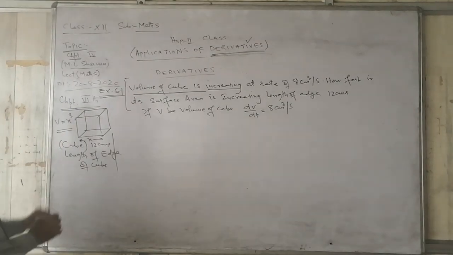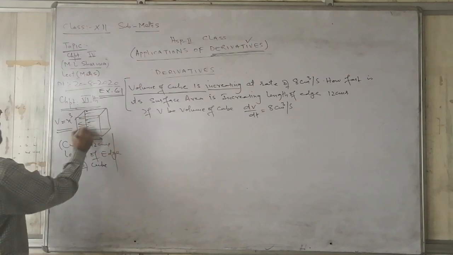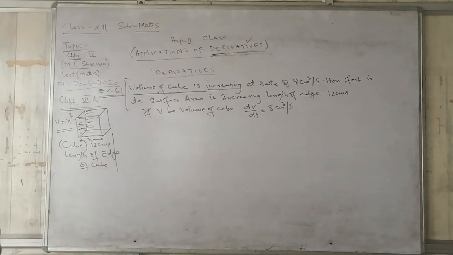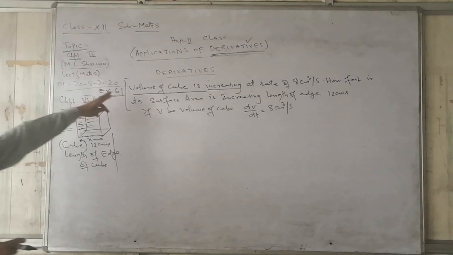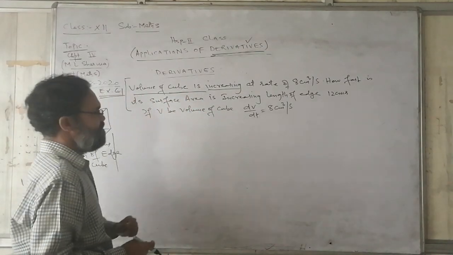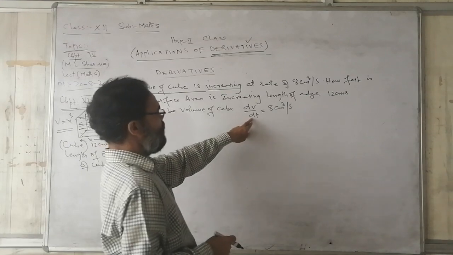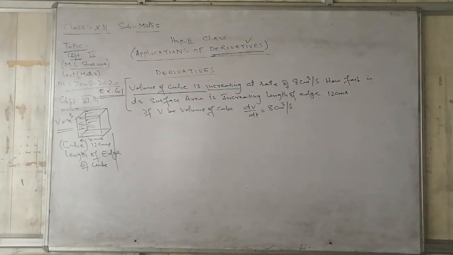So it is understood if volume is increasing, automatically its surface area will also increase. If the volume of cube is decreasing, naturally its surface area will also decrease. But in this case, its volume is increasing at this rate. So this is the rate of change of volume of a cube, given to be 8 centimeter cube per second.